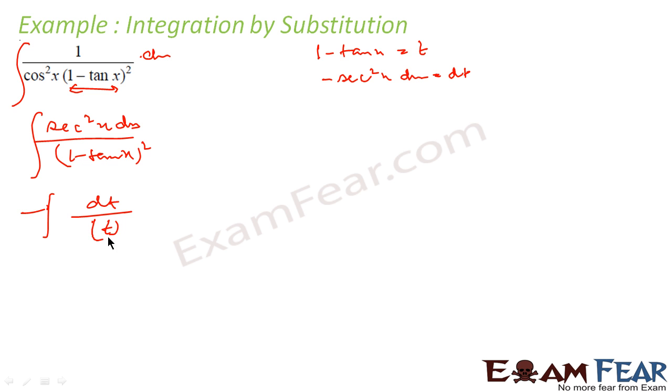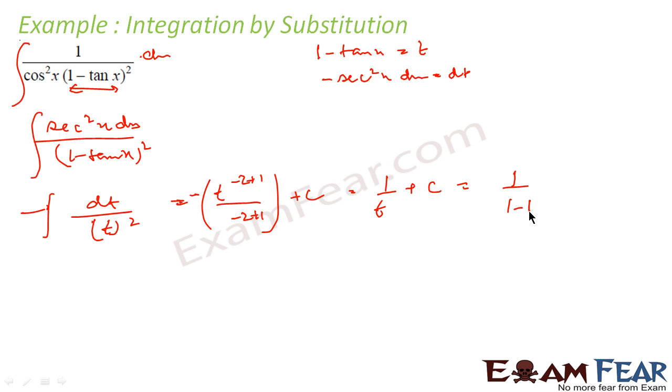So this is nothing but t to the power minus 2 plus 1 by minus 2 plus 1, into minus 1, plus some constant, and that is nothing but 1 by t plus some constant, and 1 by t is nothing but 1 by 1 minus tan x plus some constant. And this is the answer. This is an easy question.